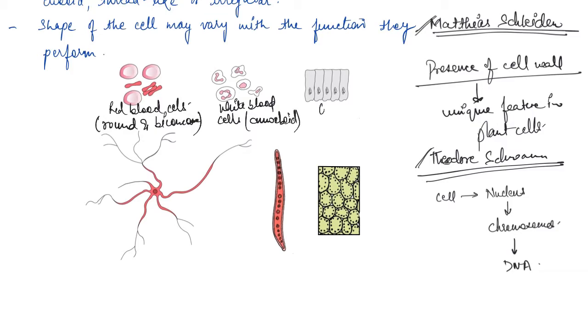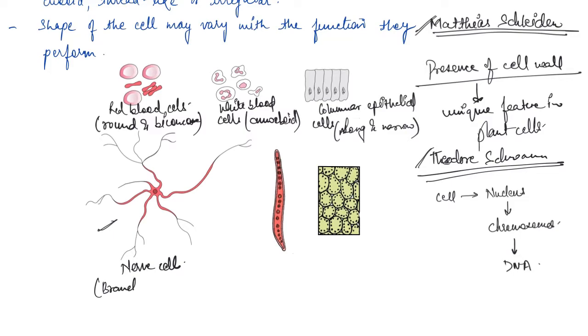We have epithelial cells. And what type? Columnar epithelial cells, right? These are long and narrow. Now see this one, a very different type of cell, right? These are nerve cells. These are branched and long.